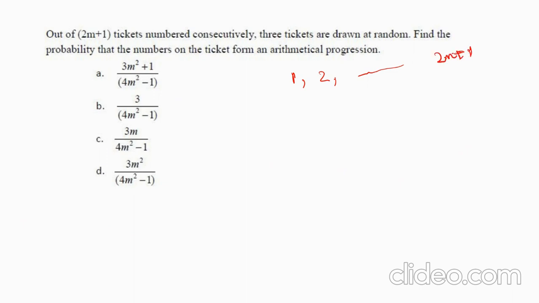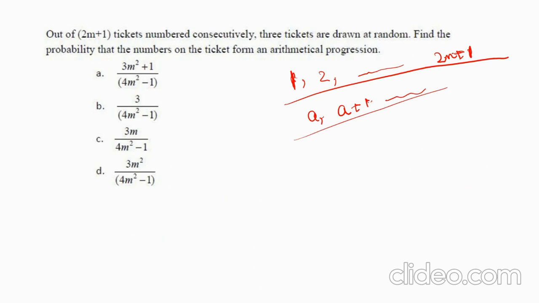It is not necessary that it starts from 1. It may start from 10, and the numbers can be different, but this is the tickets we have. The numbers are consecutive, so you may write it as a, a plus 1, and so on.